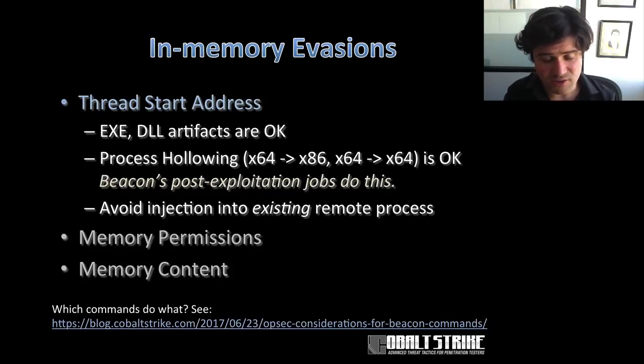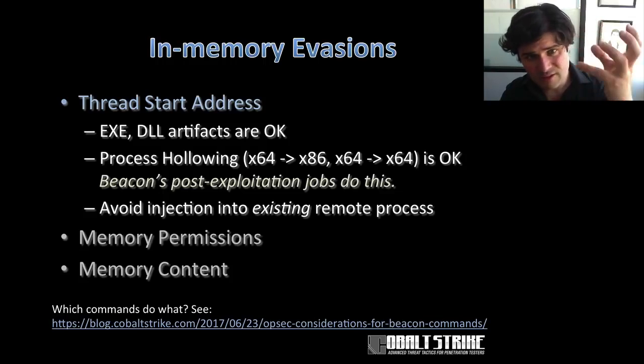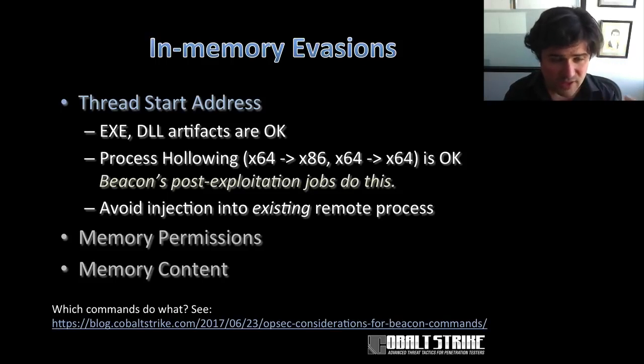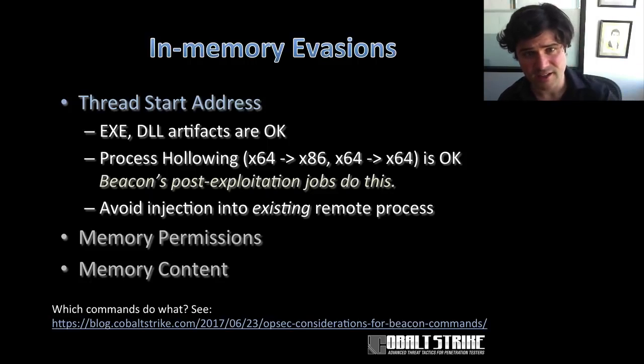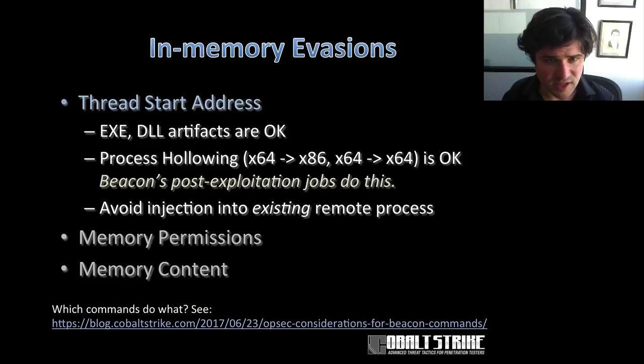What they try to do is spawn a process, spawn it suspended, take the main thread of that process and hijack it. That's what Beacon does for its post-exploitation jobs. In that case, the start address for that temporary process is just going to be the entry point of the process. So that's going to look fine against this heuristic.